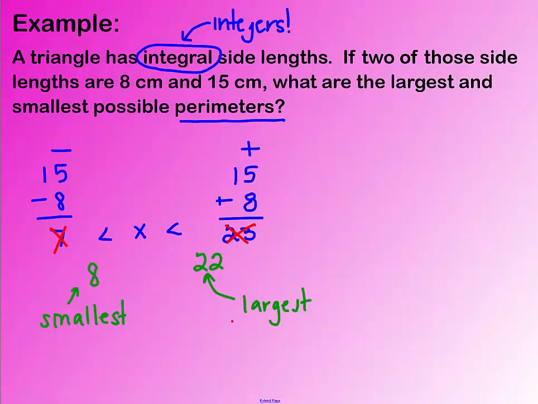So now that I know those, I can calculate the smallest and the largest possible perimeters.